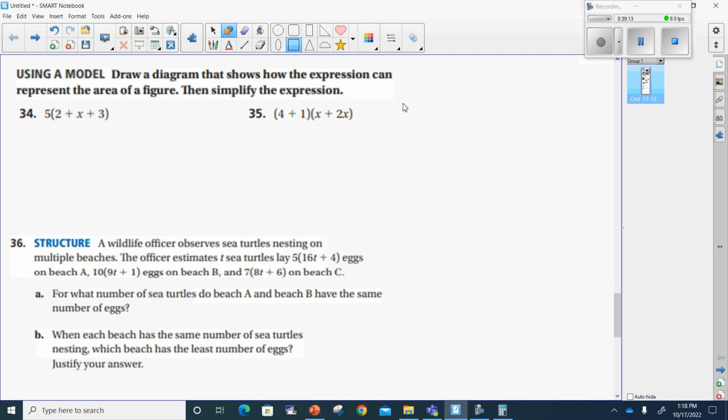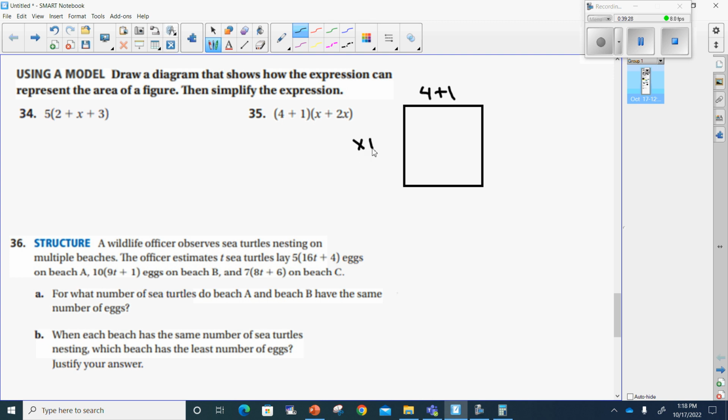We'll take a square here. And I could say that this is 4 plus 1, and this is x plus 2x. So this times this will give me this.